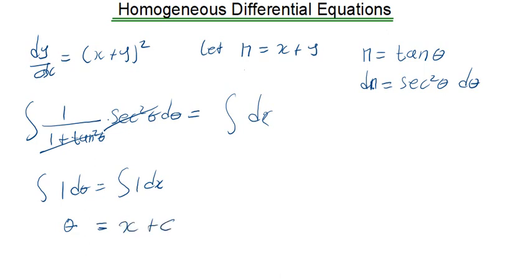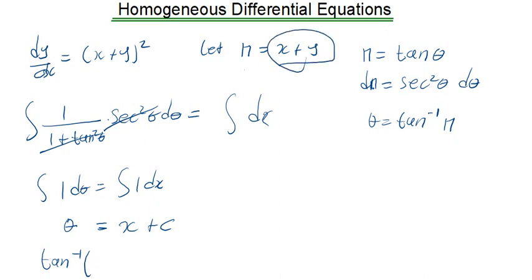Now the question is, what is theta? Theta is simply tan inverse of n. So instead of theta, I'll put tan inverse of n. But what is my n?